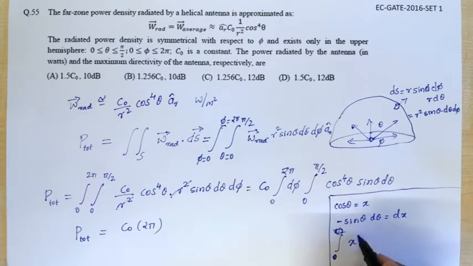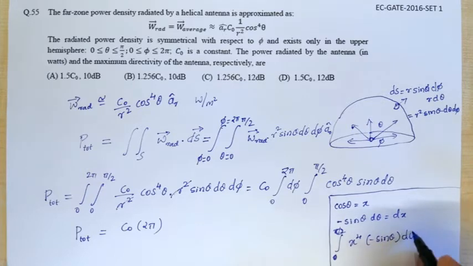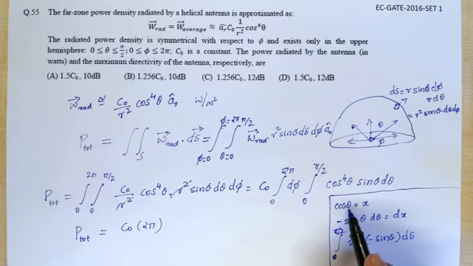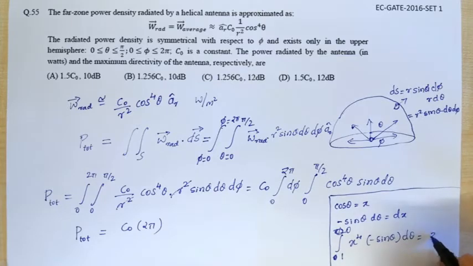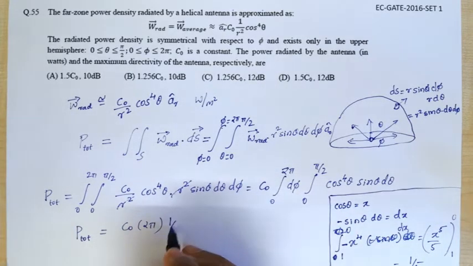So it's x raised to 4 into minus sin theta d theta, and these limits will change: theta equal to 0 gives 1 and it will go to 0. So it's just dx. So it's x raised to 5 upon 5, and the limits are varying from 1 to 0. If you solve this, you will just get 1 by 5.